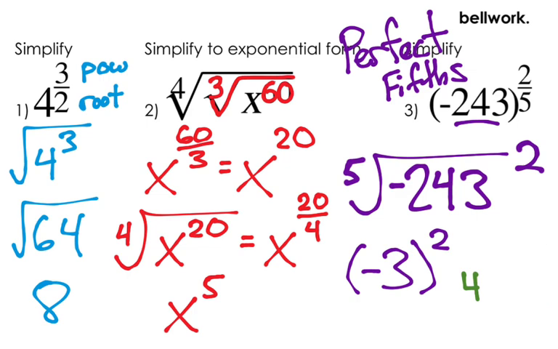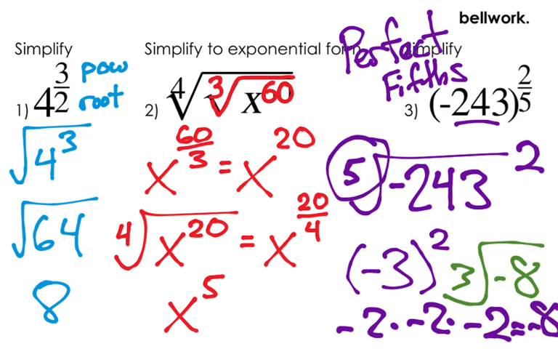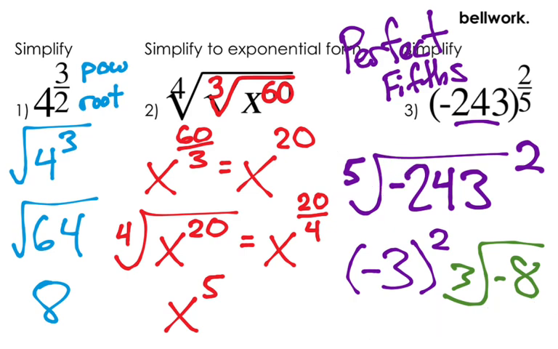But you are allowed to take an odd root of a negative number, like the cube root of negative 8. That's going to be negative 2 because negative 2 times negative 2 times negative 2 is negative 8. You're allowed to take odd roots of negative numbers. That's the basic idea here. You are allowed to do that, but not even roots of negative numbers. That'll come up again in a later lesson, but here we go.